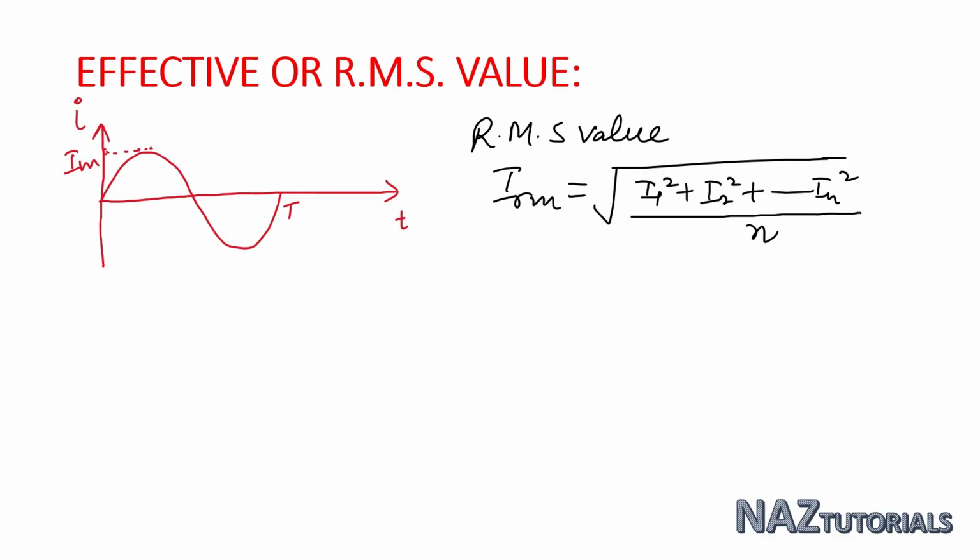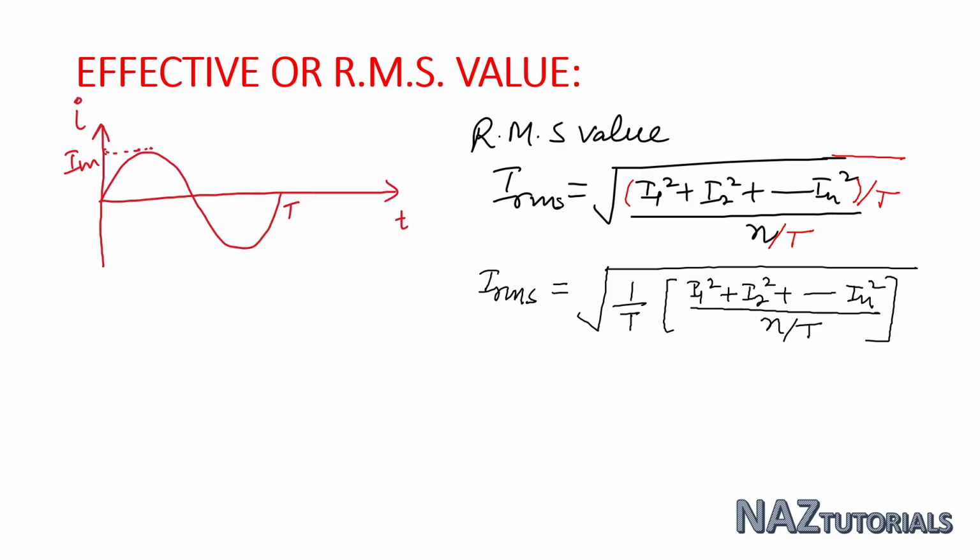Let's see. If you divide I1 square plus I2 square up to In square by n, and this n is also divided by T, you can write the equation like this. Here we can analyze this equation by small parts having y-axis ordinates I1 square and x-axis ordinates T by n.